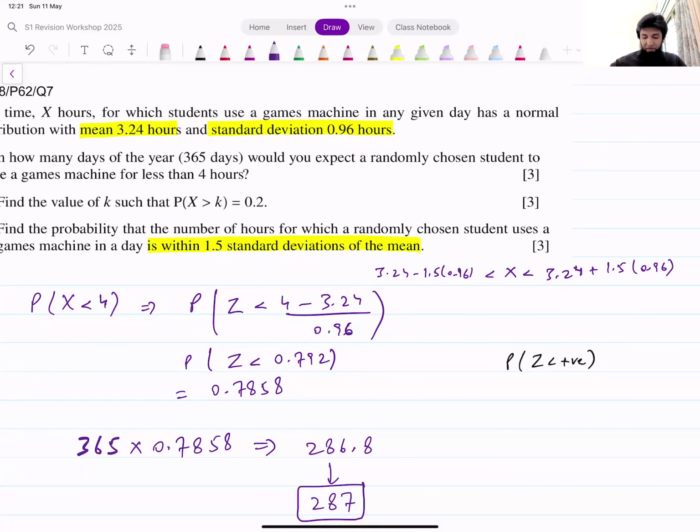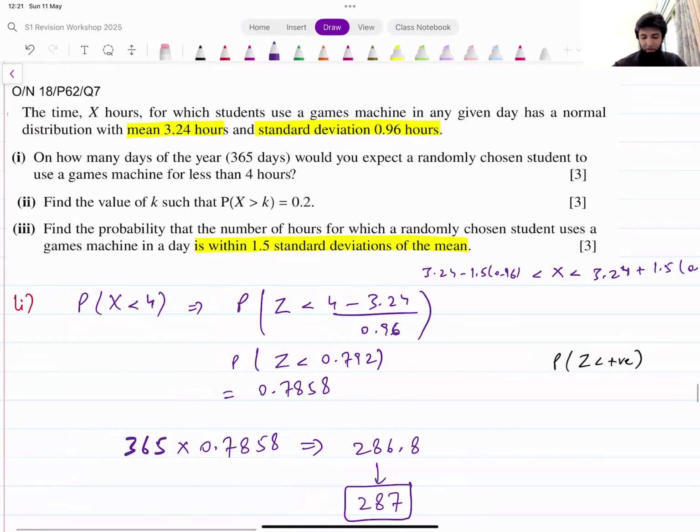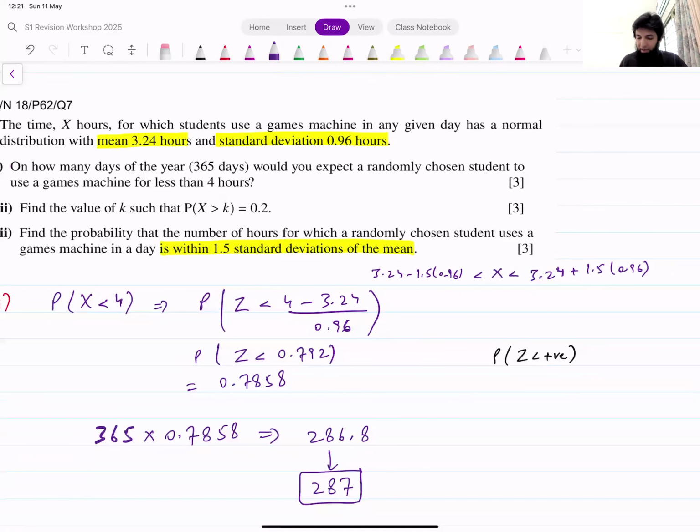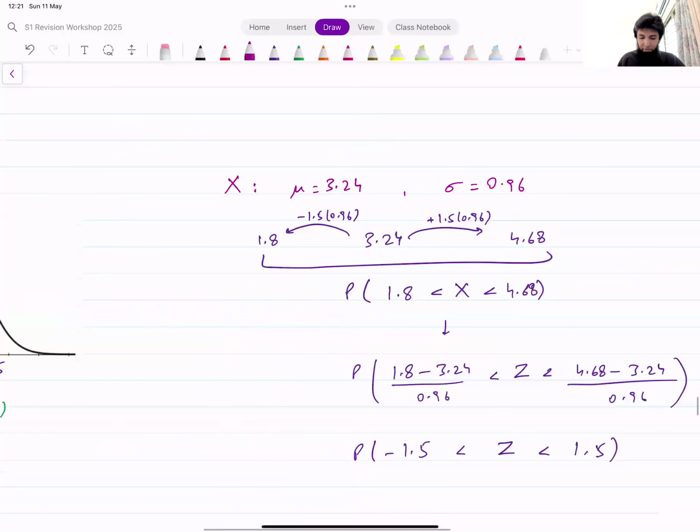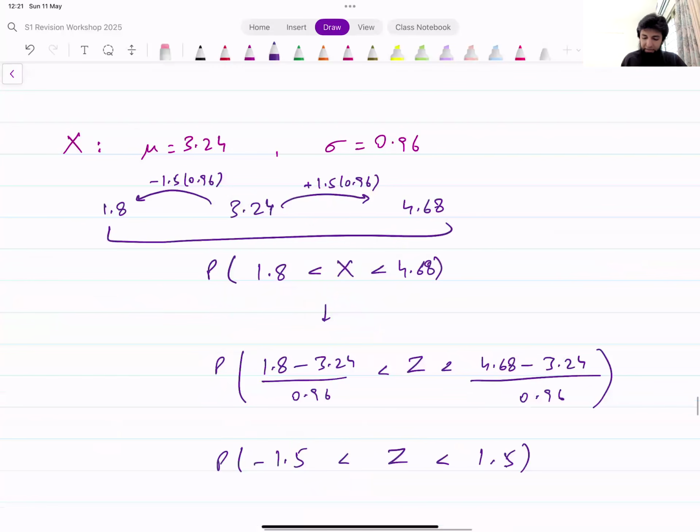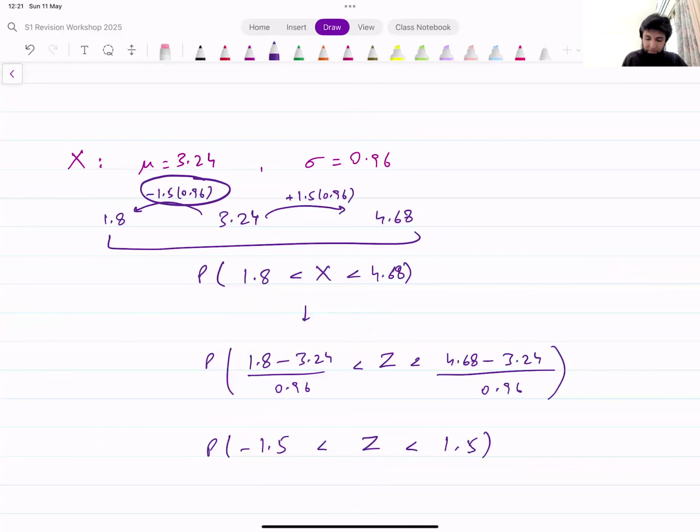It could be 1.5 standard deviations above the mean or below the mean. So it has to be between these two values. That's one idea. You say x is between 3.24 minus this or plus this, and that turns out to be this. And then you solve that like you normally do.